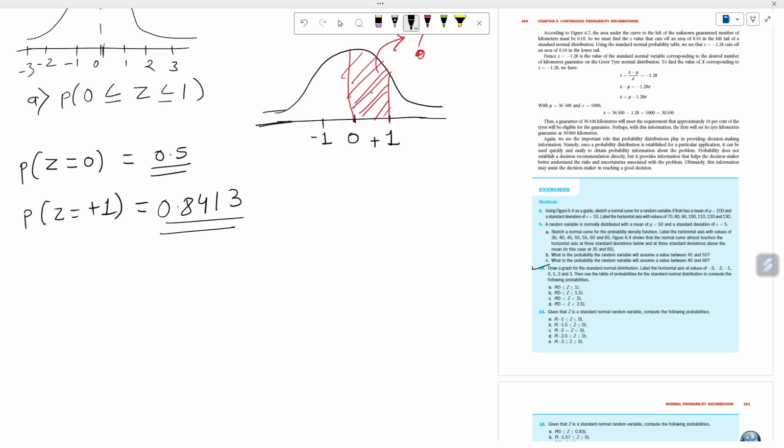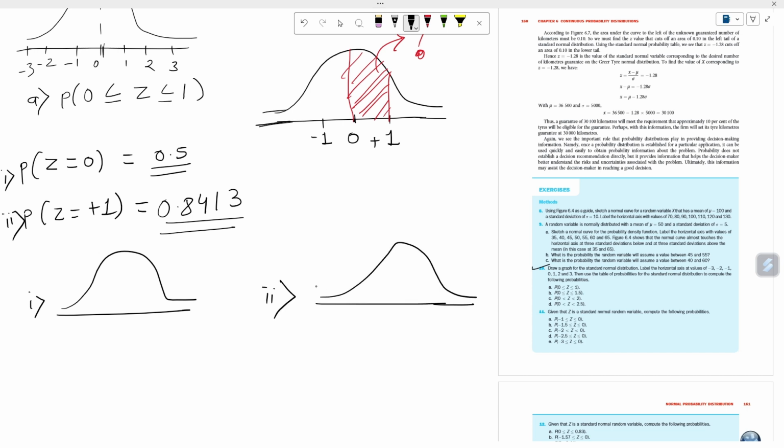So we need only this much portion. If we visualize it with the help of the diagram, till here is our 0.50 and till here the area is 0.8413.